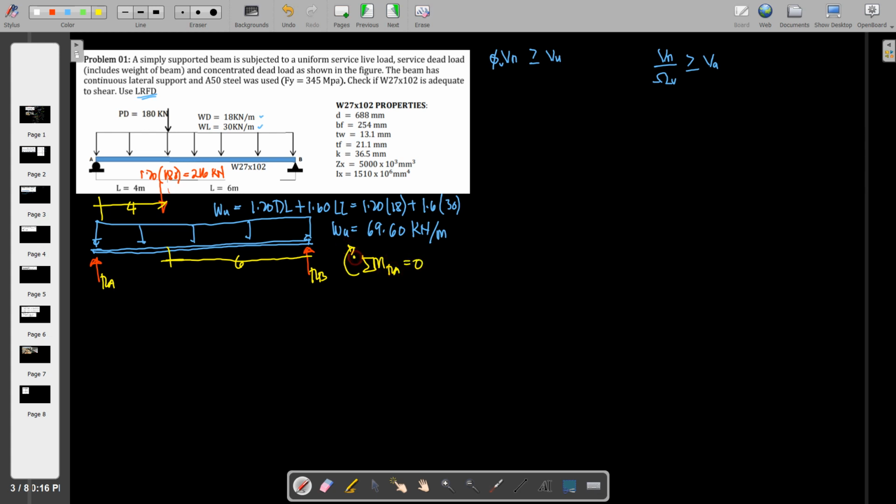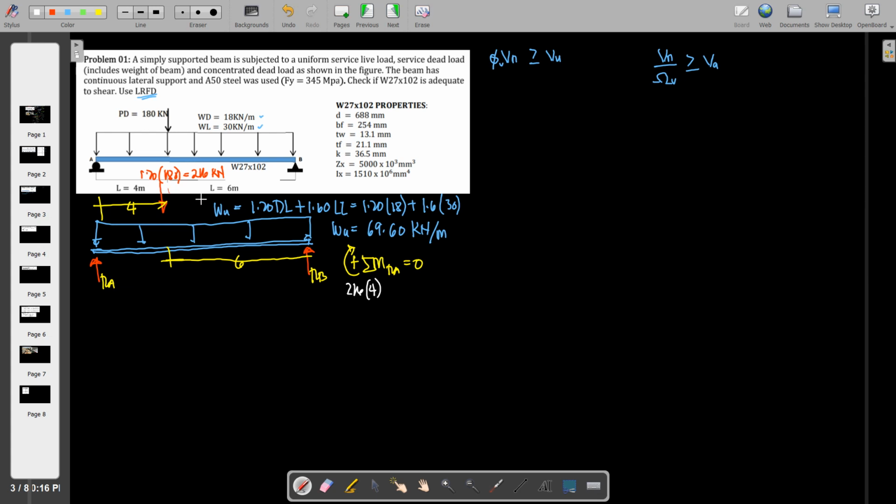So we just have to take summation of moments about RA equal to 0. First we have 216 times moment arm of 4, which gives a clockwise moment.